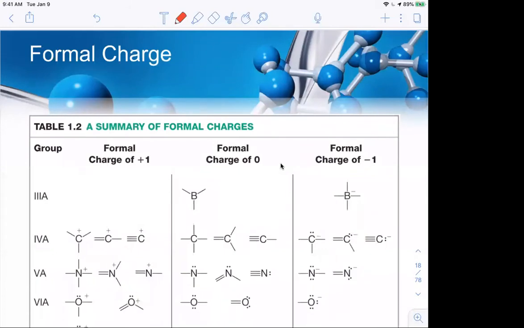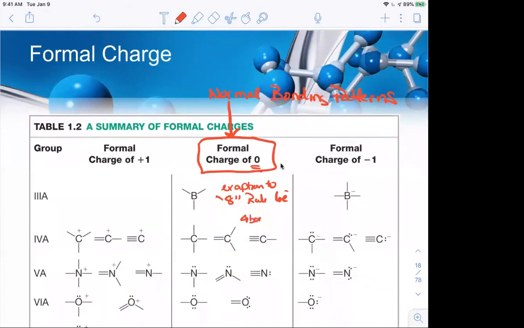So this is what you're going to do. This here is my normal bonding patterns. This is where I really don't have a charge. Remember, boron is an exception to the octet rule. It only likes to have 6 electrons. Carbon forms 4 bonds, 0 lone pair, and it can have single, double, and triple bonds.